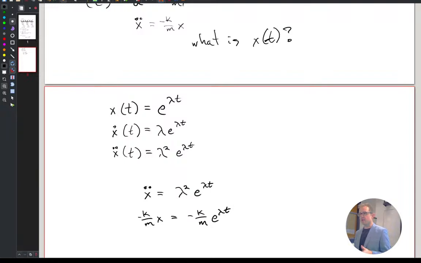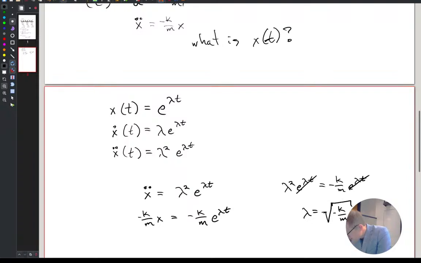So now what do we end up with? What is lambda? Really, it's plus or minus, right? Plus or minus negative k over m.